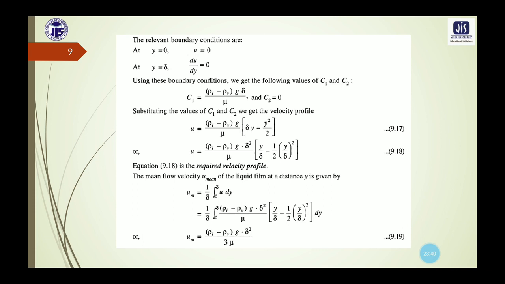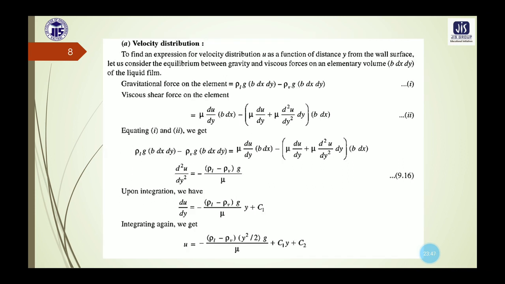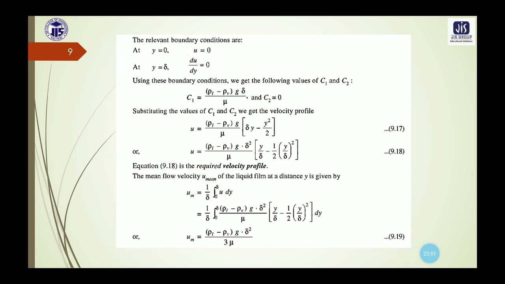Now if we substitute these two values of C1 and C2 in the earlier expression of u, then after certain steps we get the velocity distribution as equation number 9.18. This equation 9.18, that is the expression of u, is the required velocity profile.